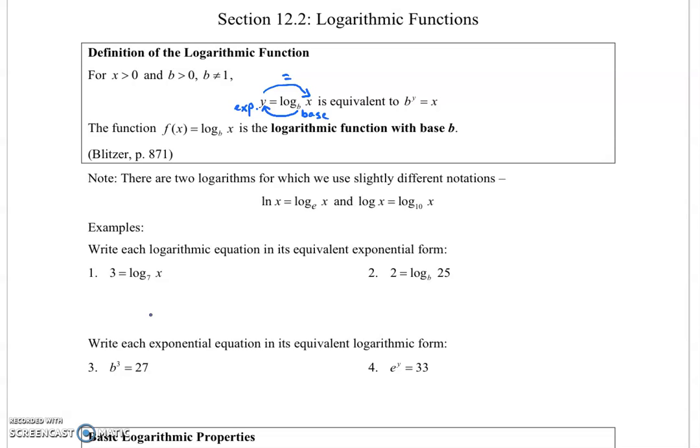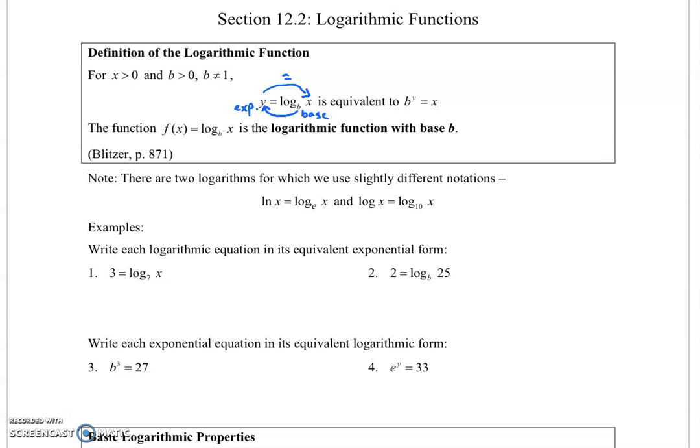There are two special logarithms for which we use slightly different notations than the one given in that box. And they are the natural log, ln, which is log base e of x. And we talked about e in section 12.1, that is Euler's number.